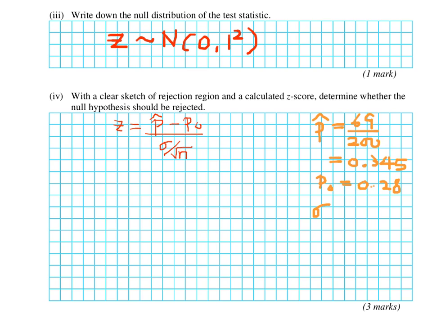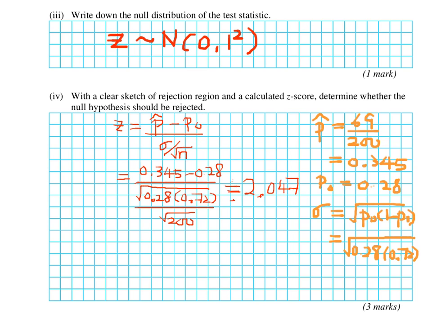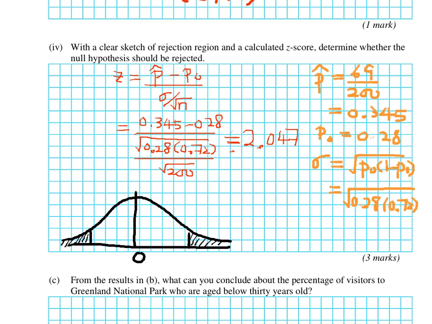The sigma is built from p-naught and 1 minus p-naught. Anyway, we can keep this value. Just substitute all this in and you will get roughly 2.047.